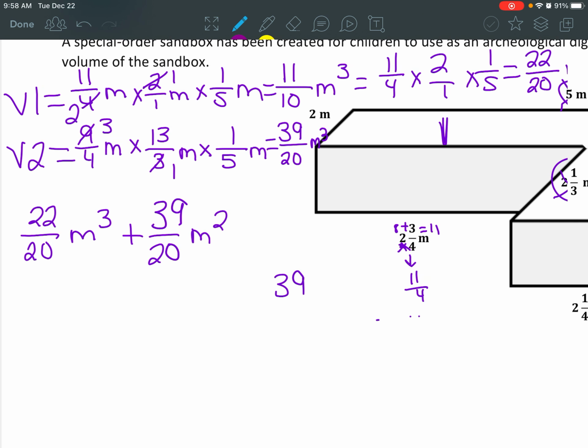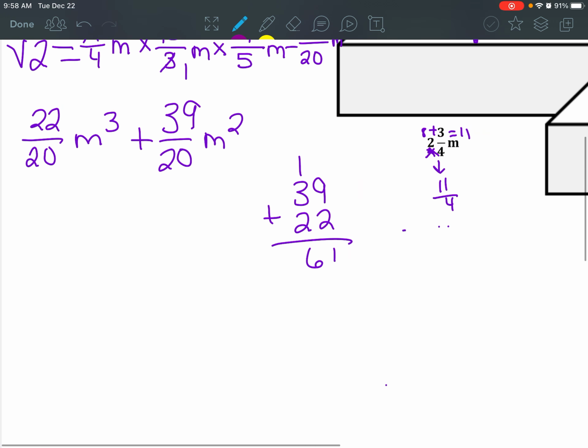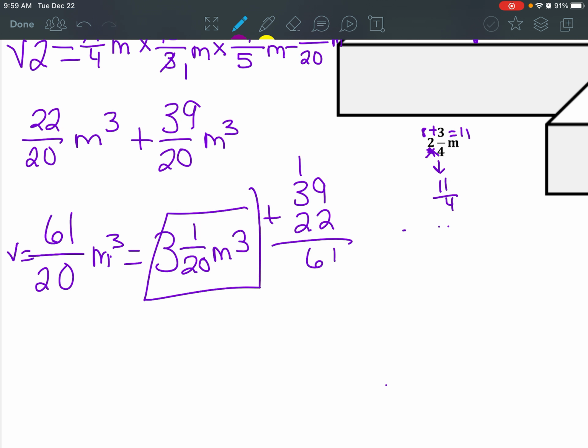So that'd be 39 plus 22 is 61 over 20 meters cubed, which equals 3 1/20 meters cubed. So that's our volume of the entire thing.